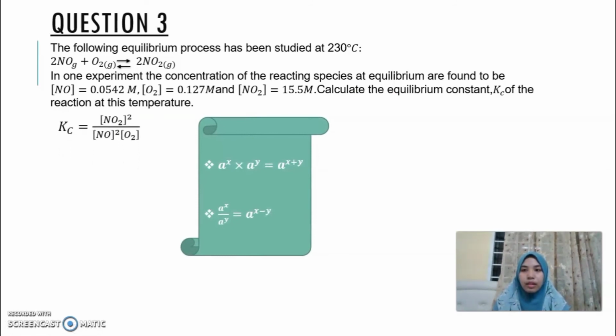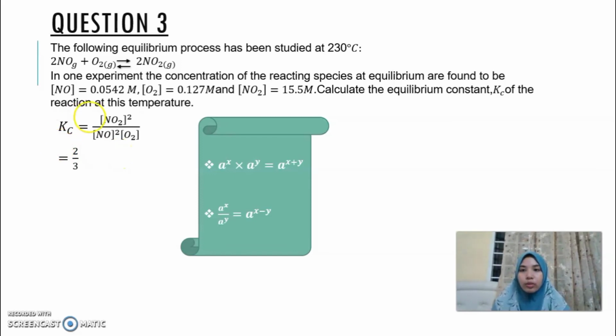Okay. To find Kc, we use the formula products over reactants. The product here is NO2 to the power of 2 because we have 2 of NO2, divided by NO to the power of 2 times O2, because we have 2 NO. First we need to find the unit.